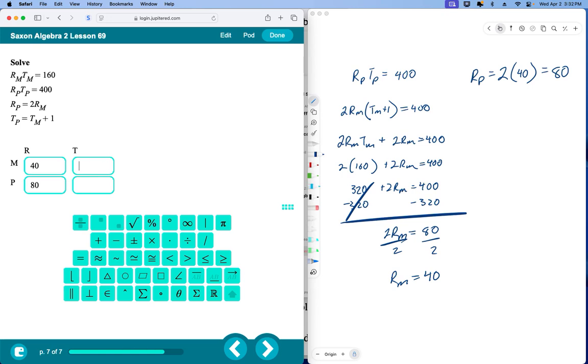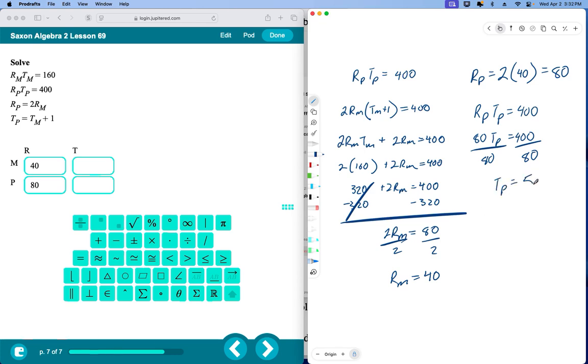All right, so now I can use that to solve. I've got RP times TP is 400. So RP times TP equals 400. RP is 80, right? Divide both sides by 80. TP is equal to 5.